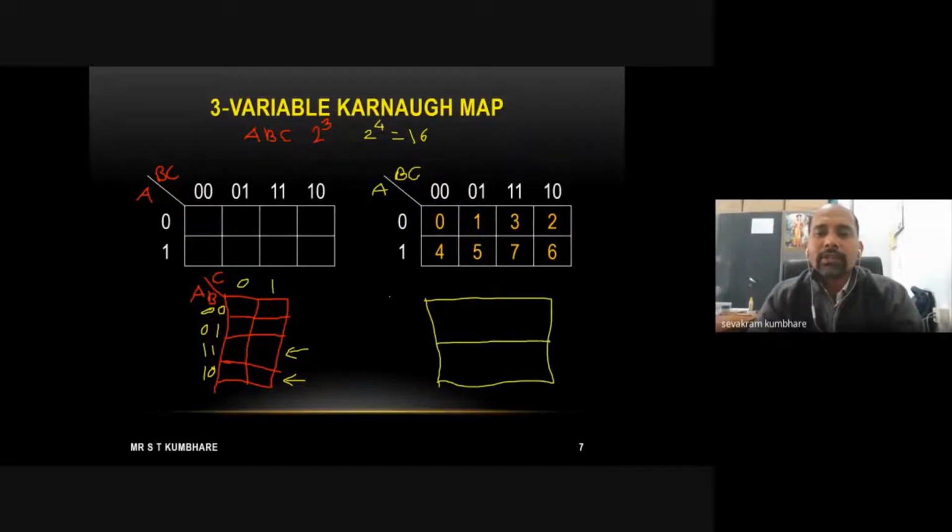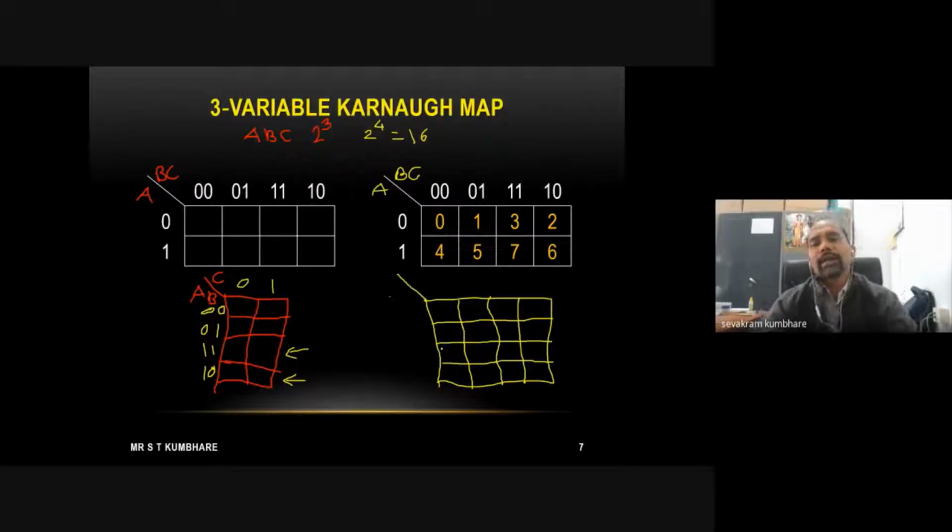If I divide it in 2 parts, it will give me 2 cells. If I divide it again into 2 parts, it will give me 4 cells. If I again divide it, it will give me 8 cells. And if I divide it once more, it will give me 16 cells. So like this, I can have the 4 variable K-map.